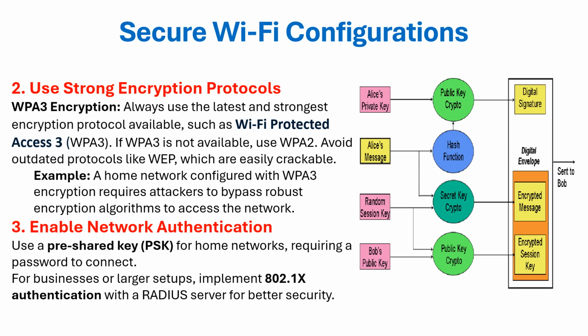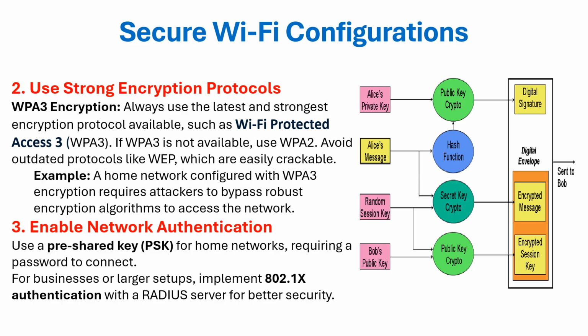This is the latest and strongest encryption protocol available nowadays. If it's not available, you can use the lower version, Wi-Fi Protected Access 2, to avoid outdated protocols like WEP, which is easily crackable. For example, a home network configured with WPA3 encryption requires attackers to bypass a robust encryption algorithm to access the network.